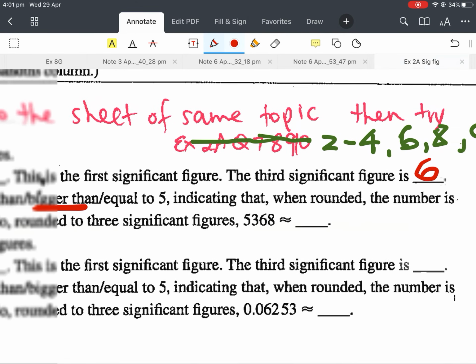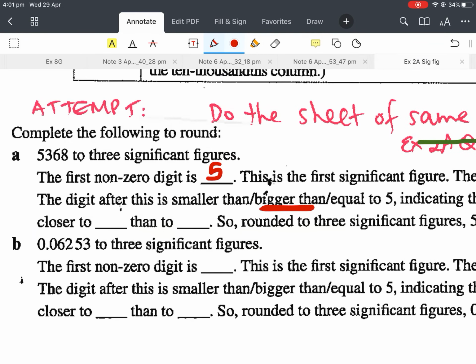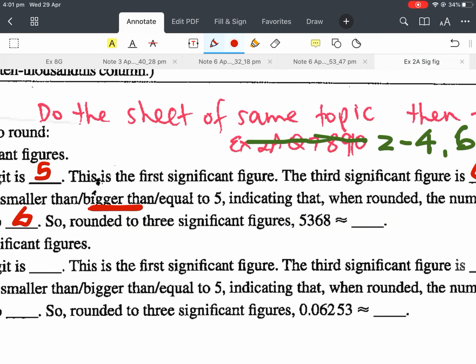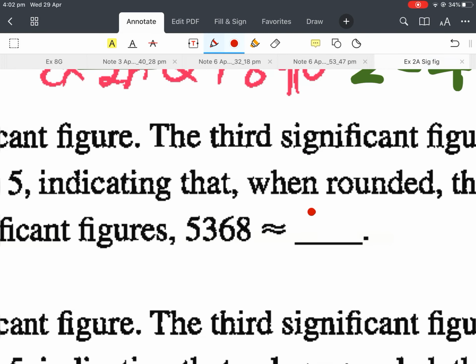Indicating that when rounded, the number is closer to the 7, I'm assuming, rather than to the 6. So rounded to 3 significant figures, 5,368 becomes, make this bigger, 5,370.